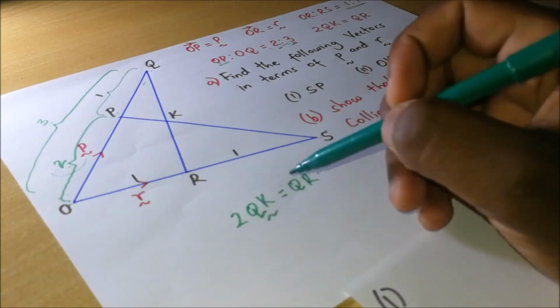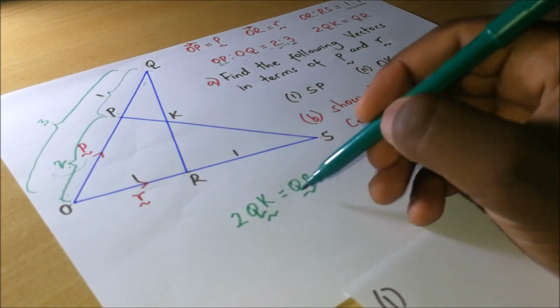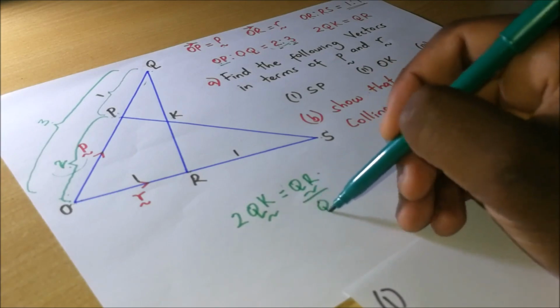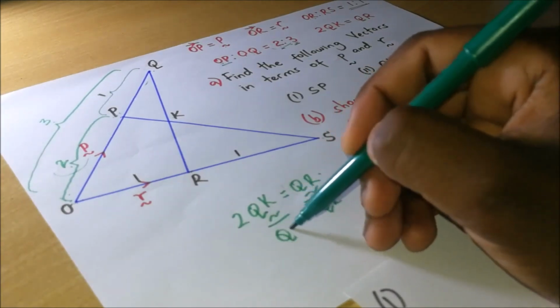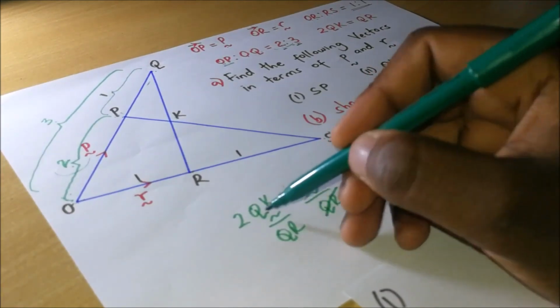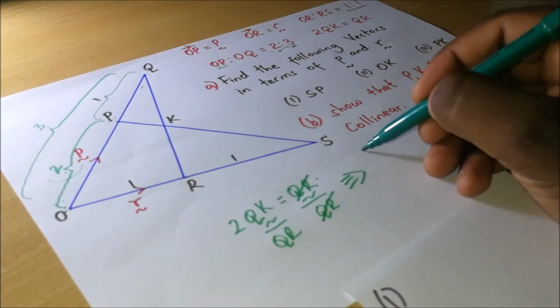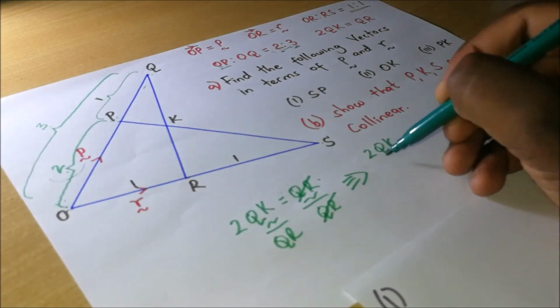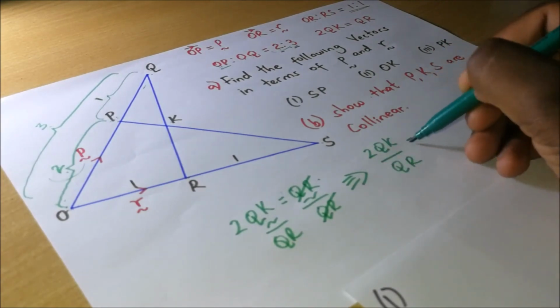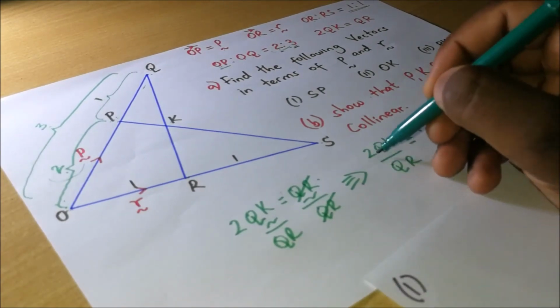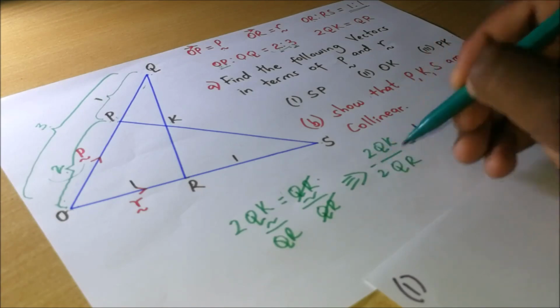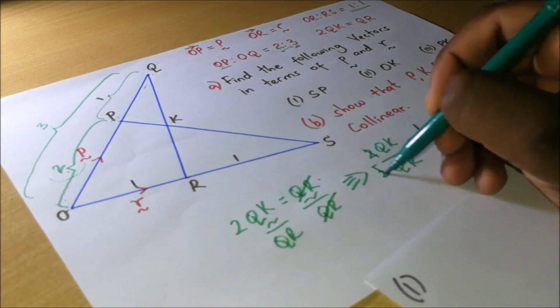So we put the letters on both sides. For example, here I'll divide both sides by QR, so that this goes with that. So it's going to become 2QK over QR is equal to 1. I'll divide by 2 on both sides, so that these 2s go.